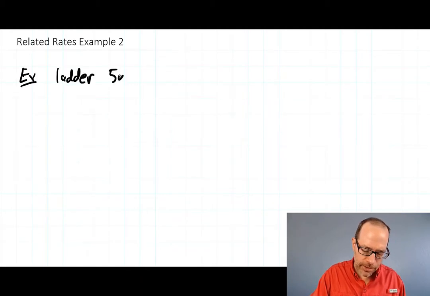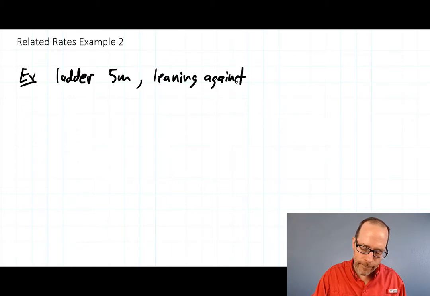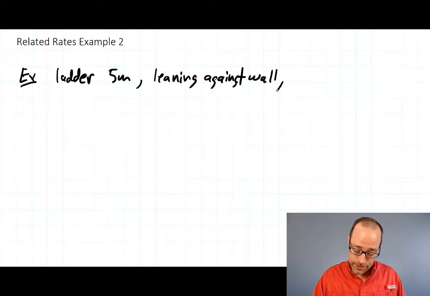It's 5 meters long. It's leaning against a wall. And unfortunately for the person standing on it, the bottom starts sliding out.